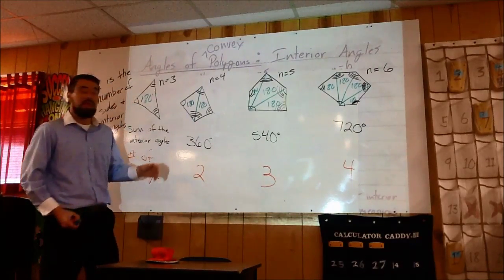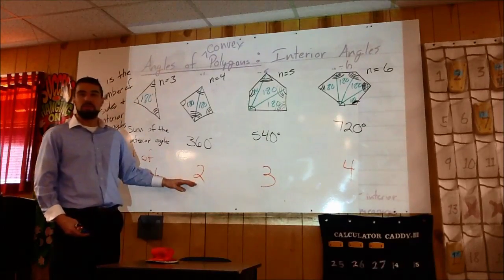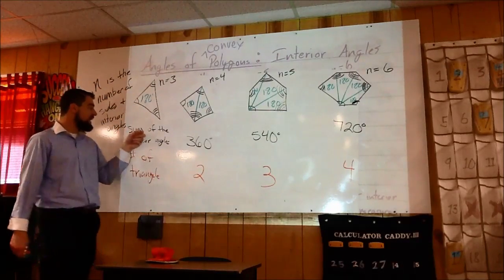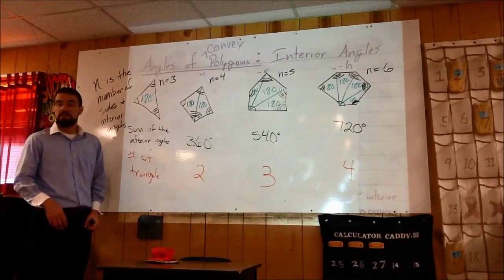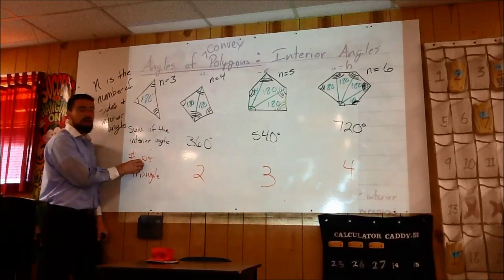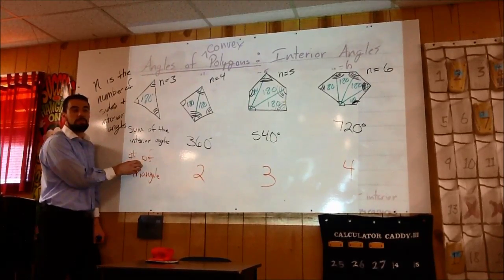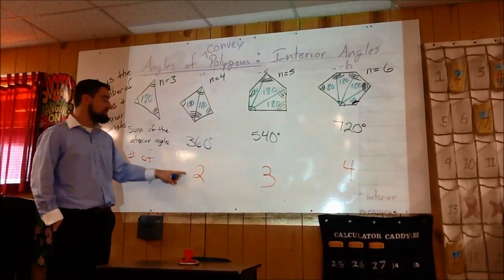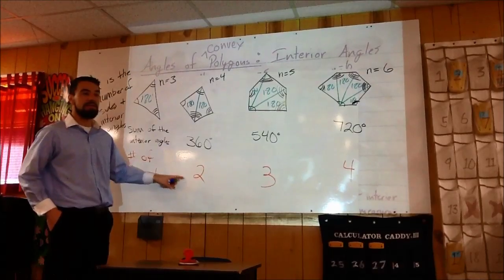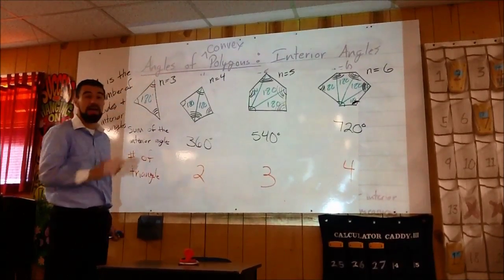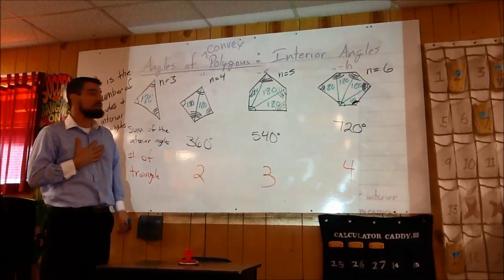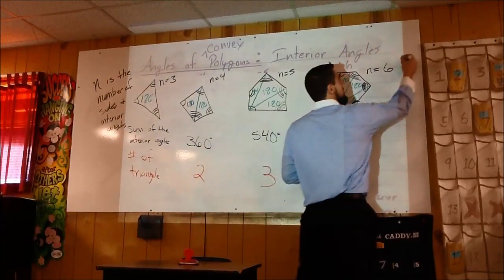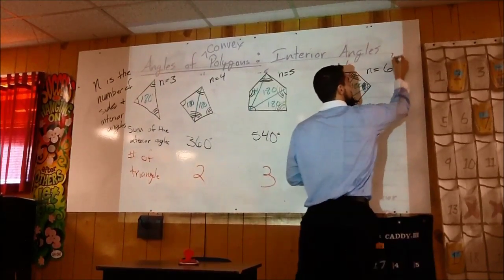How is the number of triangles that fit into the shape related to the sum of the interior angles? And how is the number of triangles related to the number of sides? Here's a new column.